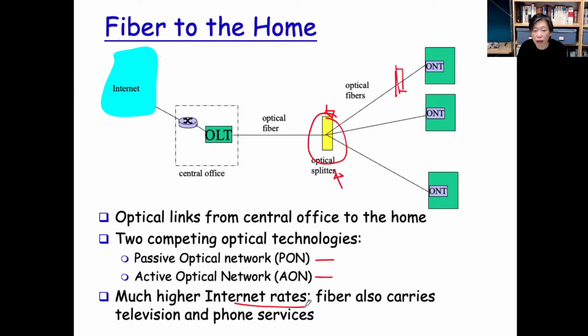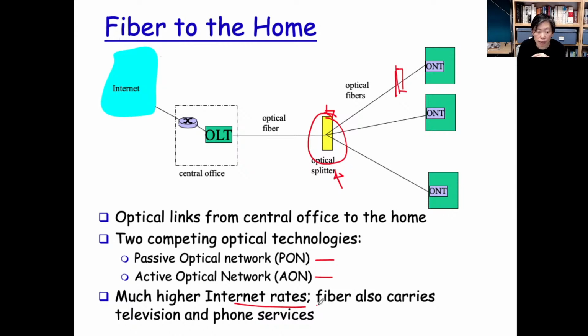If you have special needs, for example if you are hosting web servers, then you might subscribe to 100 megabits per second downlink and 100 megabits per second uplink as well. So it can be symmetric, it can also be asymmetric in terms of bandwidth in different directions. Essentially much higher rates, and it really depends on how much you can afford.